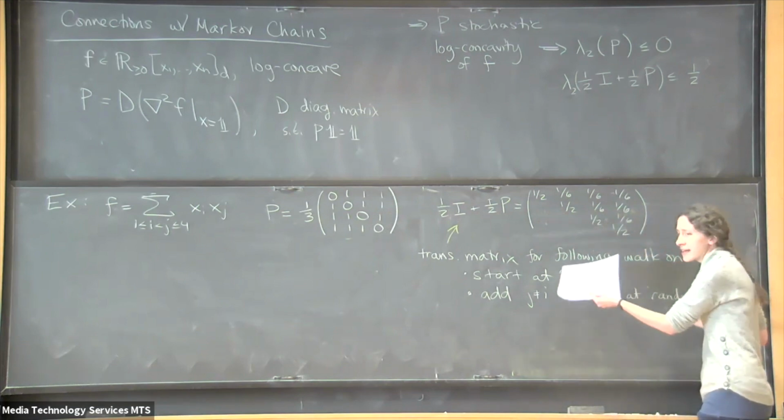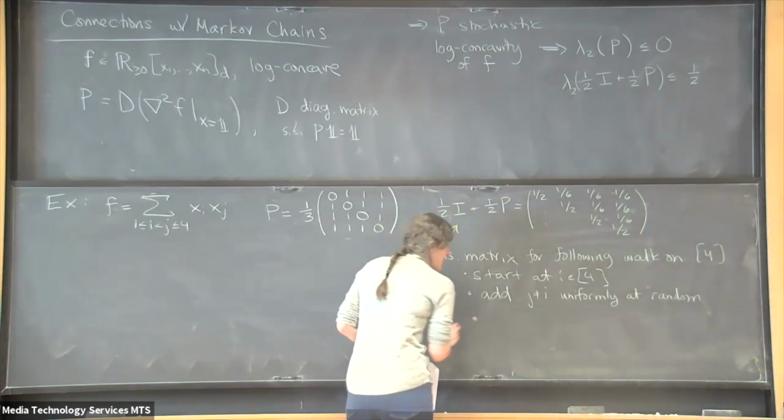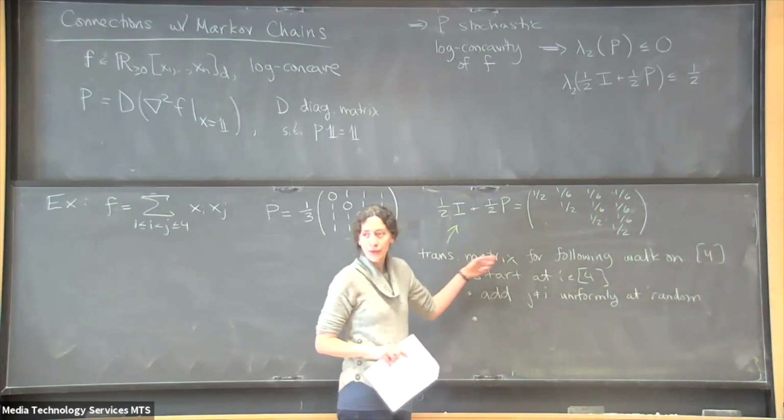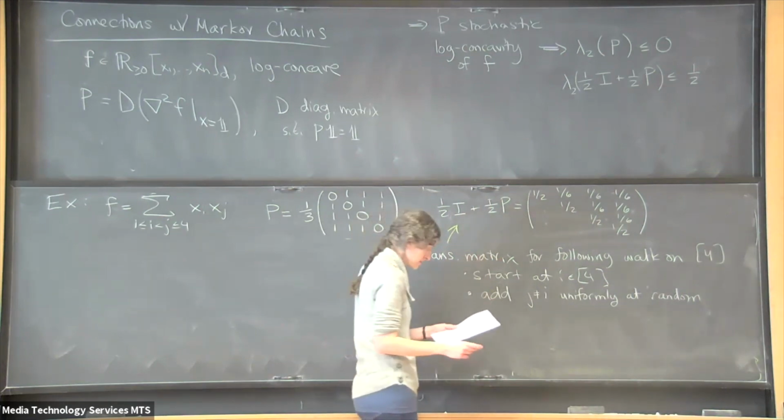So there's 3 other elements. I'll add every one of them with probability 1/3. And then to get back to an element of 1 through 4, I'll take that subset of size 2 and remove one of the 2 elements uniformly at random.